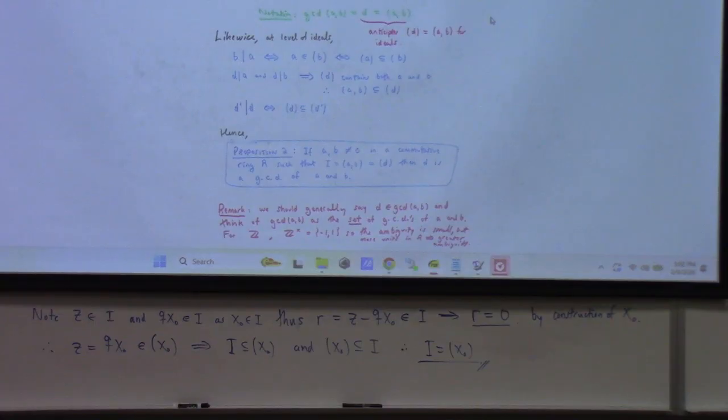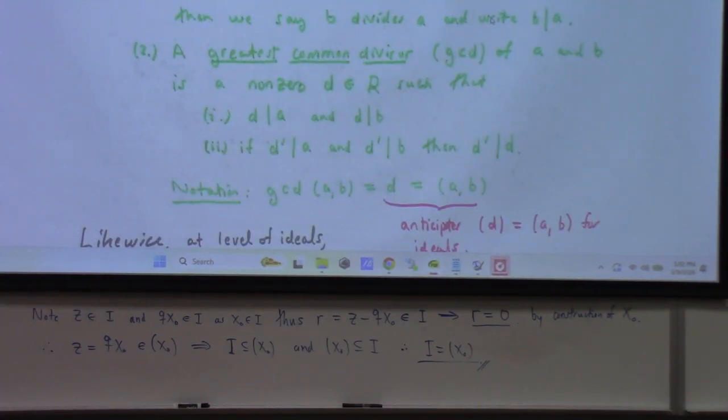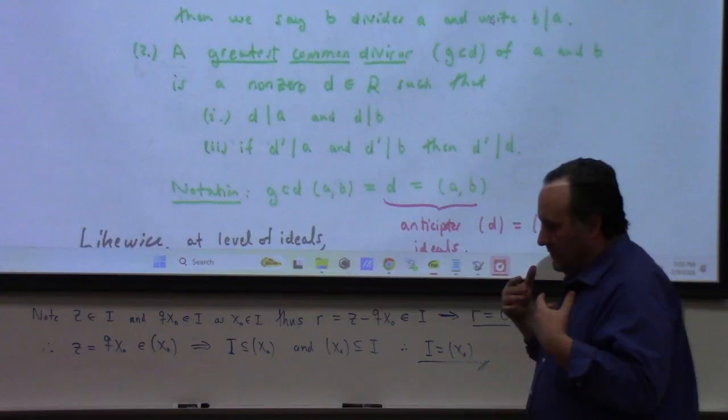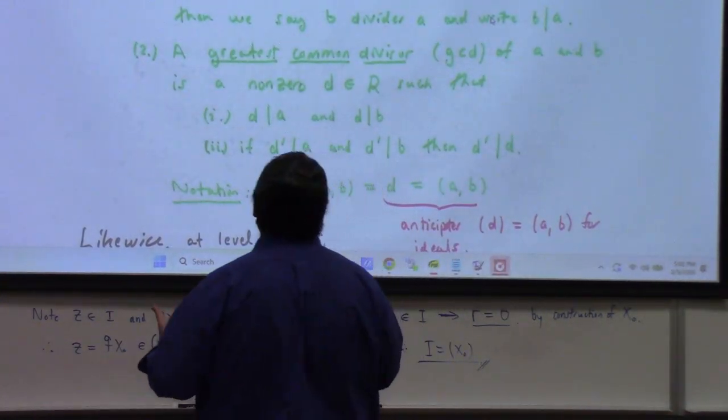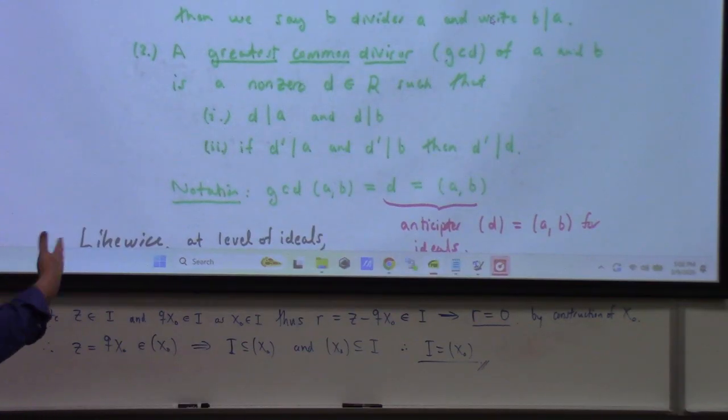All right. So, listen, let's draw some ideas together. I've talked about some of these things before, but I should talk about them again. We have multiples and we have divides by. A multiple means you can write one as a multiple of the other, a multiple by some ring element. B is a multiple of A, in that case we say A divides B. We can talk about the greatest common divisor.